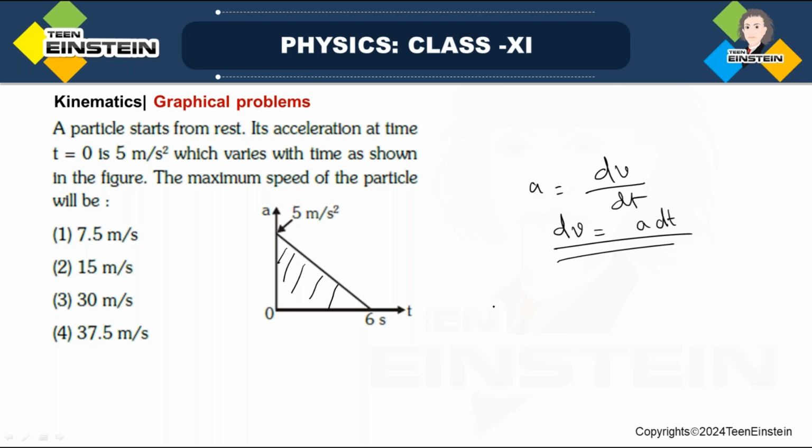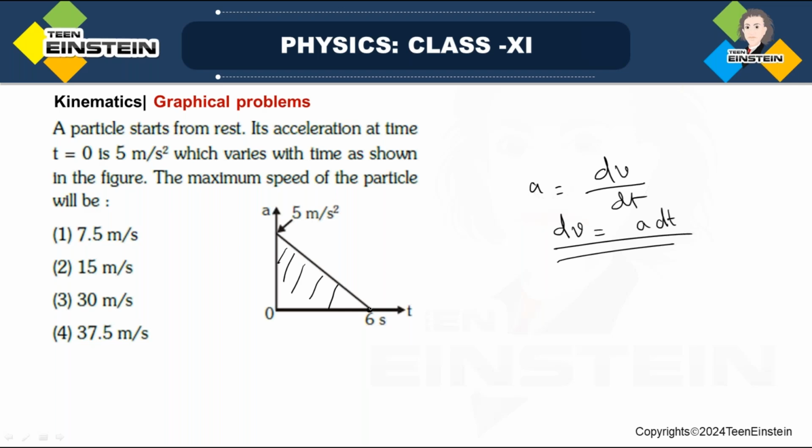The maximum velocity will be at this position, where acceleration stops, because the acceleration becomes 0.